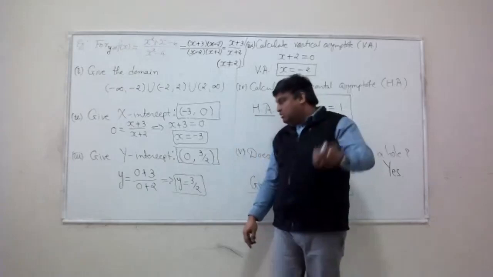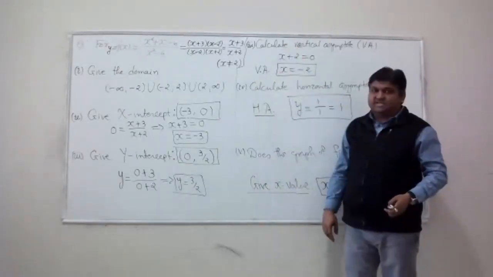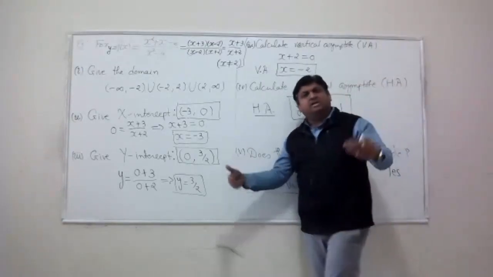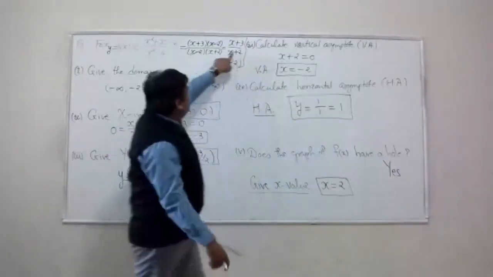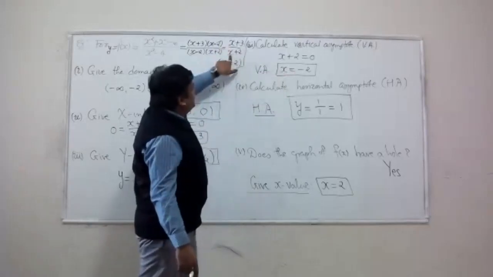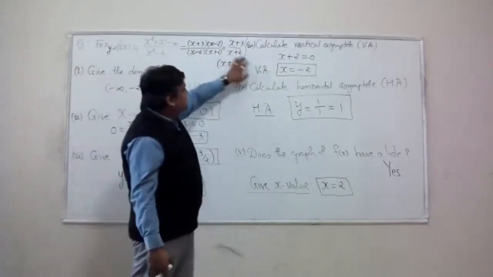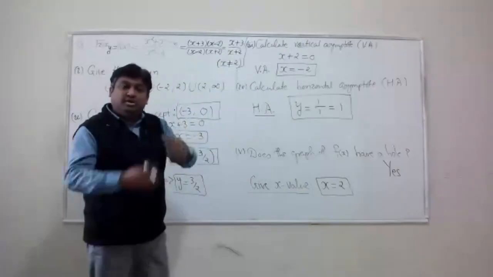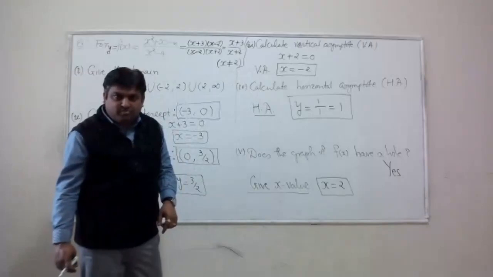All right. What does the vertical asymptote represent? The vertical asymptote represents the case when the limit does not exist for your function. Think about it. What is the limit of this function as x approaches -2? It gives you 0 in the denominator, meaning that the vertical asymptote really is linked to the case where the limit does not exist for your function.